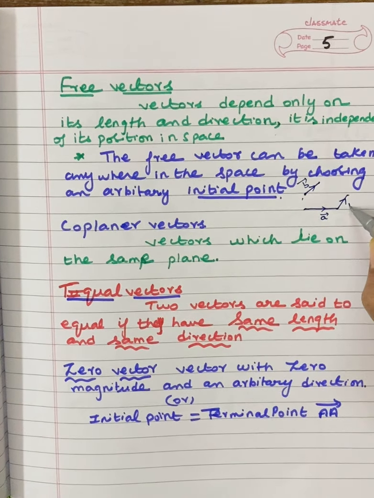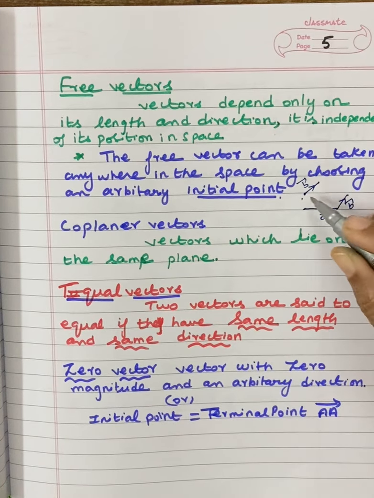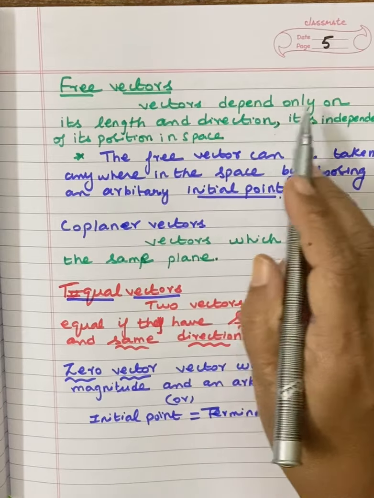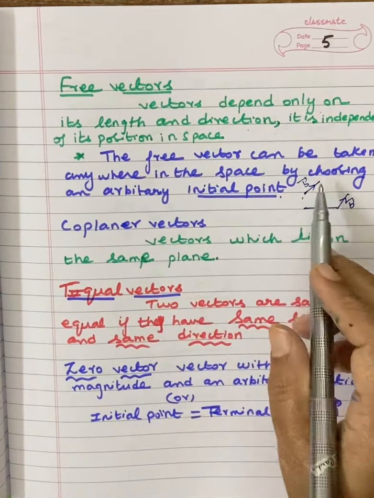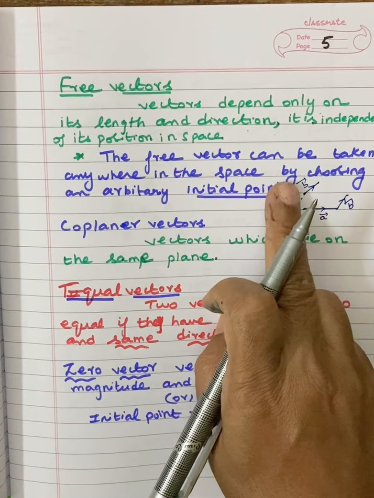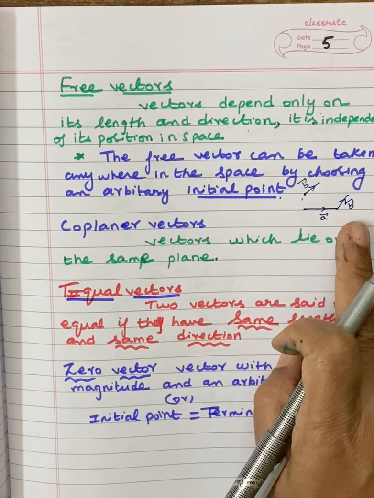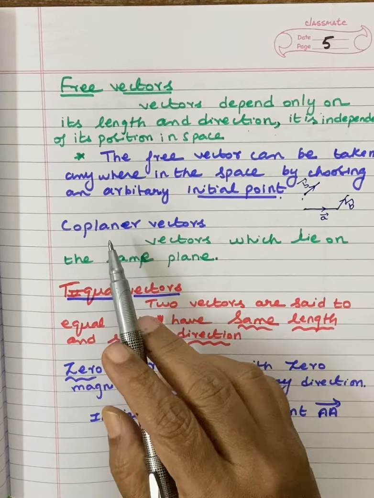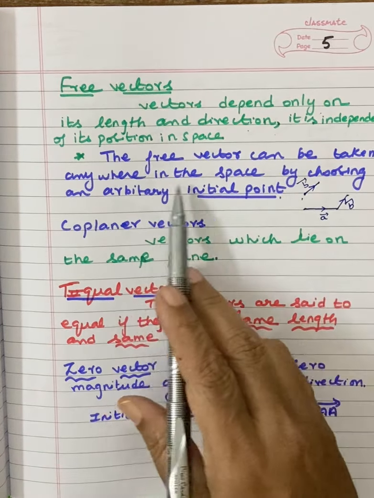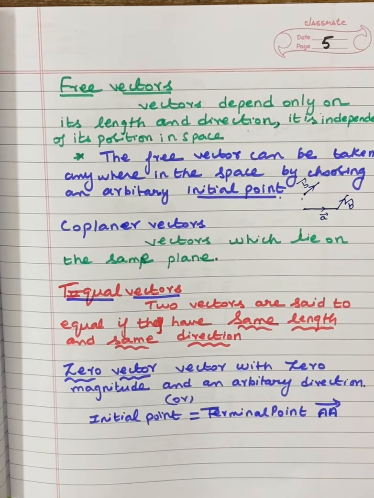See, the direction is maintained, the length is maintained, but the position has been changed. Vectors depend only on the length and direction, independent of position. First the place was here, now the place is here. Then it is called a free vector. Free vectors can be taken anywhere in space by choosing an arbitrary initial point.